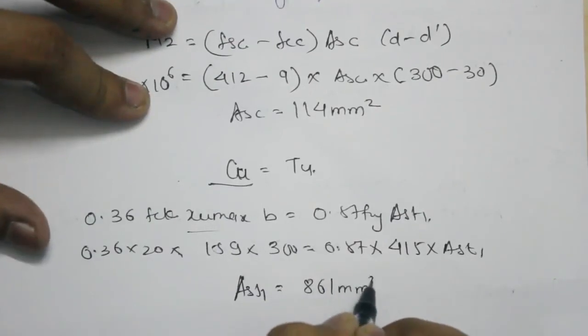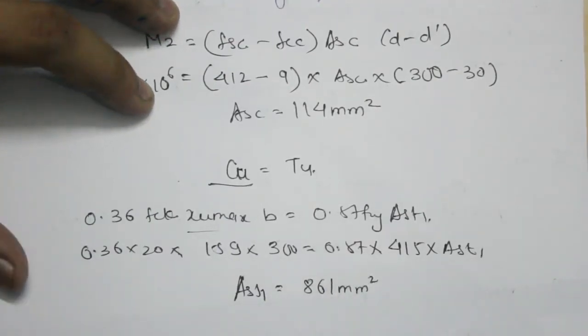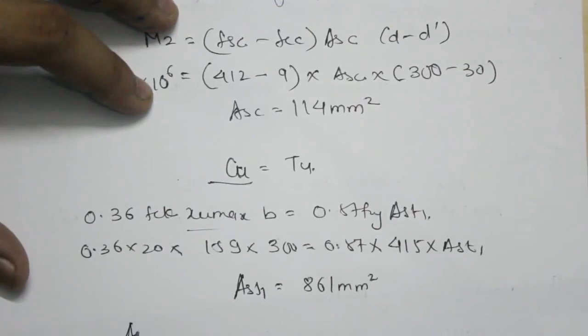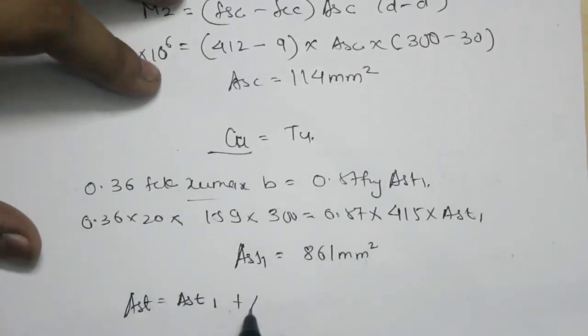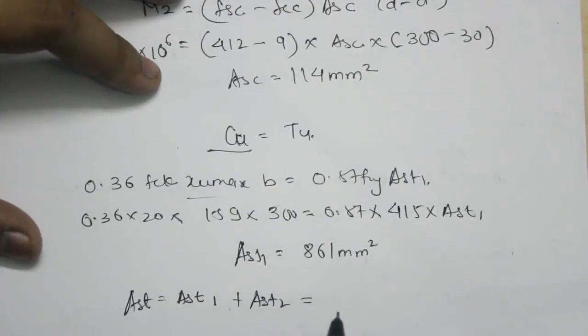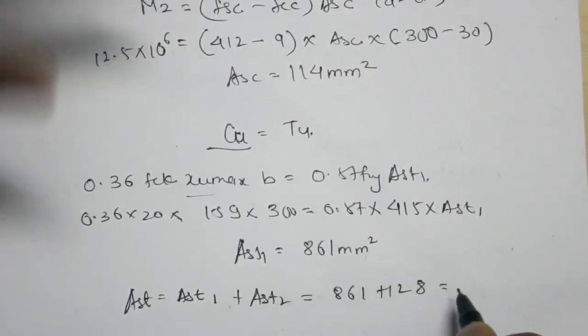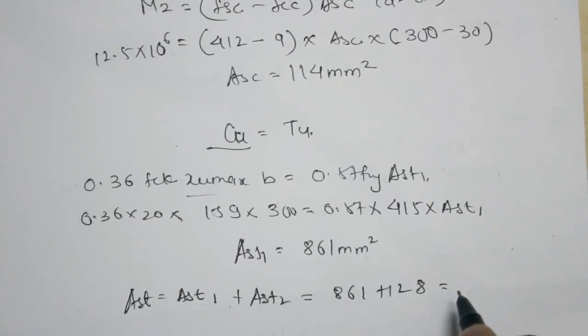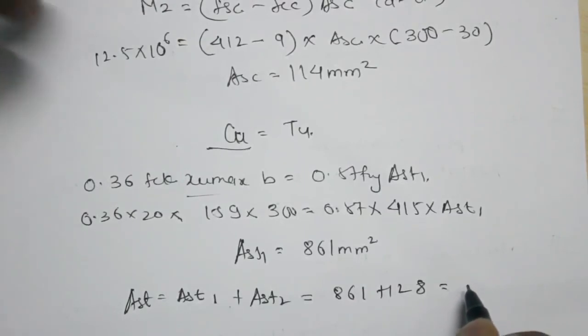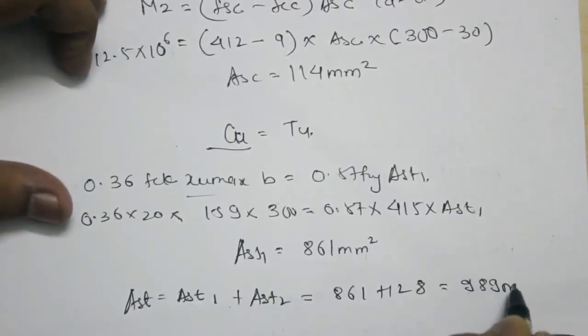So if you solve for AST1, you'll get AST1 value as 861 mm square. So the total area of steel for the tension side will be the summation of AST1 and AST2. That would be 861 mm square plus 128 mm square. So the total would be 989 mm square.